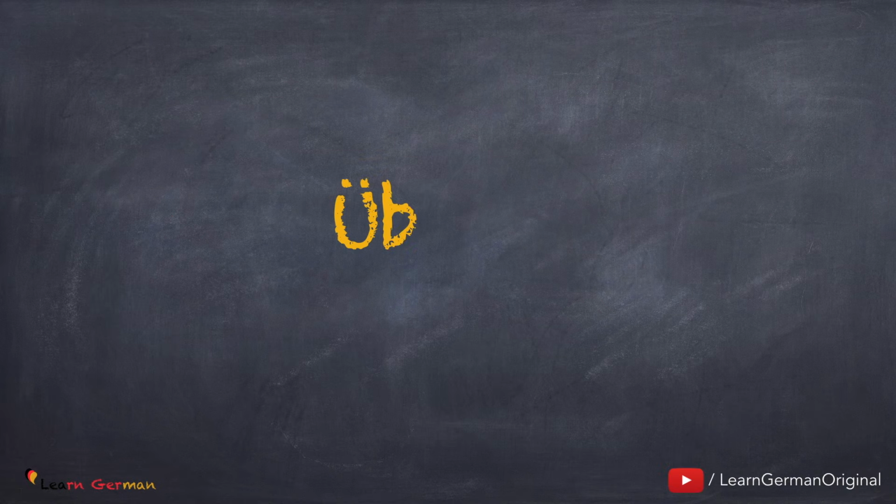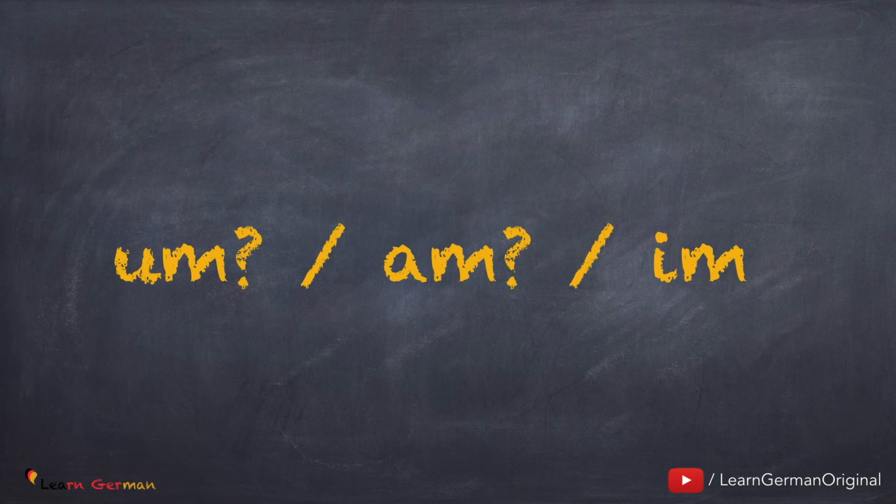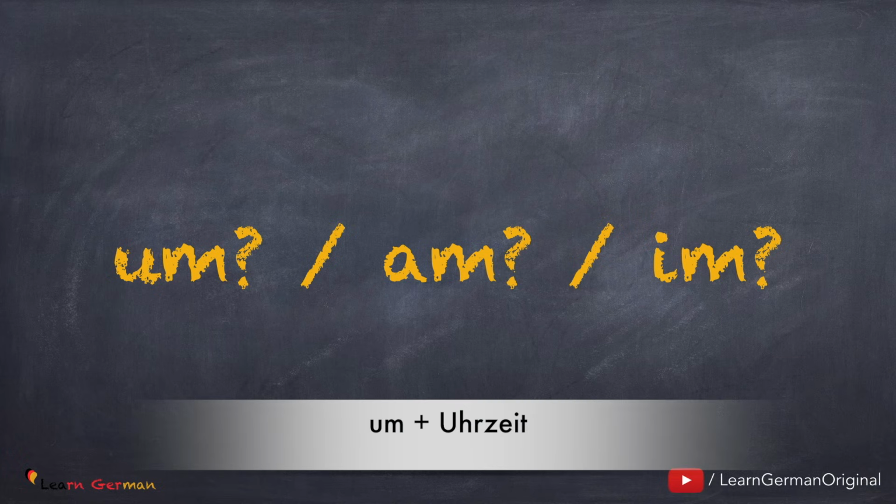Great! Now let's do a small exercise. Übung. You have to fill in the blank with any one of the three prepositions, um, am, or im. Do remember that um is used with time, whereas am is used with date, day, or time of the day.